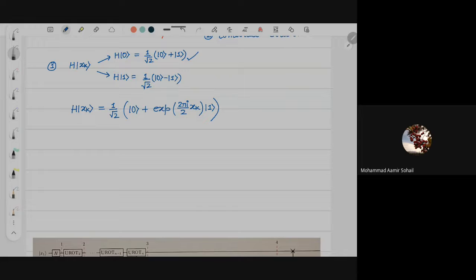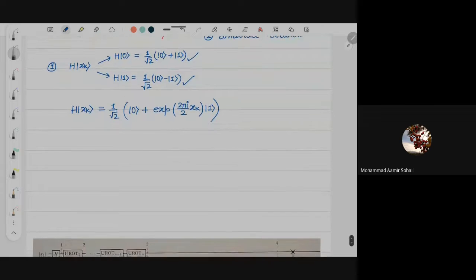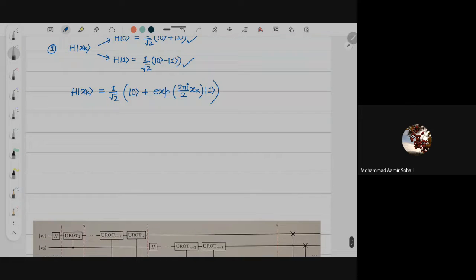And if we have xk equals 1, then this will be e raised to i pi, which is minus 1. So we will be left with 0 minus 1 by root 2, and this is what this one is. We are writing in this form just to correlate with the form which we got here. So this is the Hadamard operation acting on the state xk.